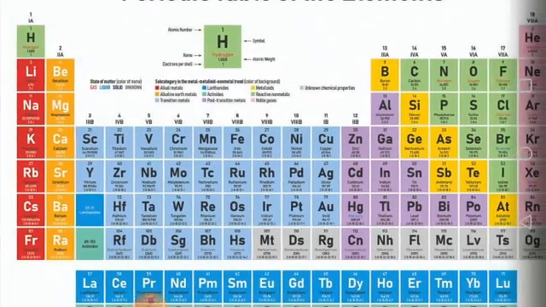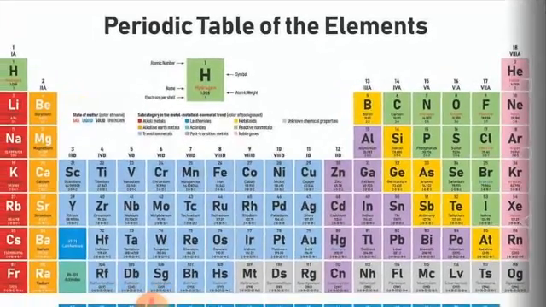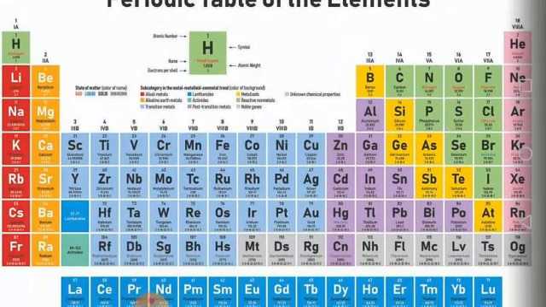For example, the sodium electronic configuration can be written as the electronic configuration of neon and 3s1, while calcium can be written by knowing the noble gas preceding it, which is argon, and 4s2. This is for calcium, and so on.